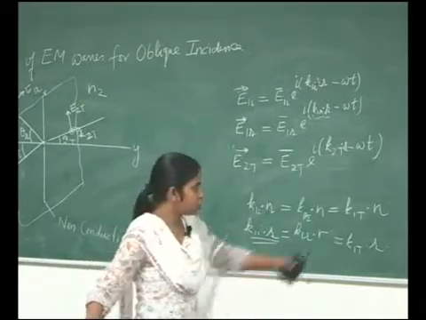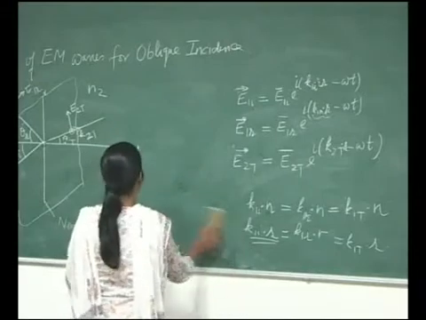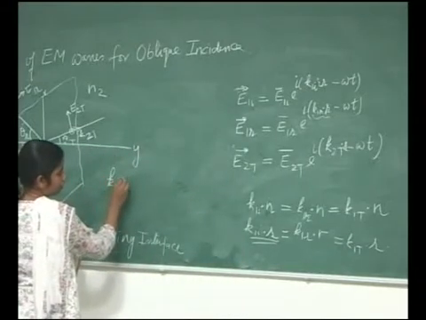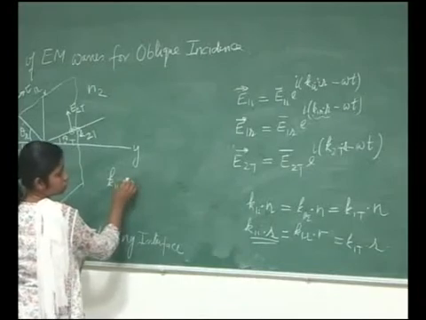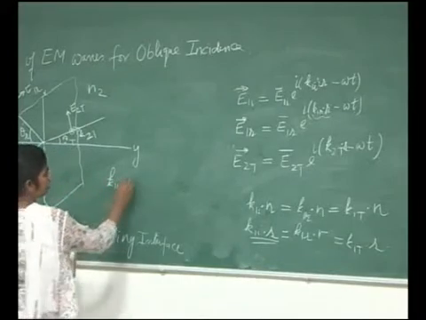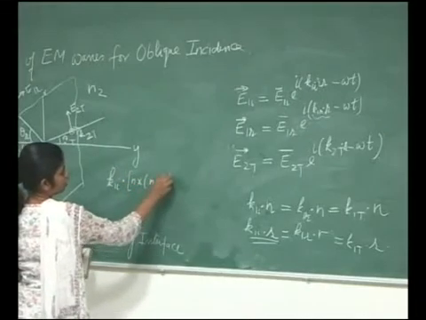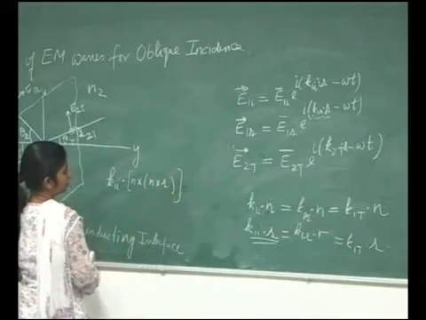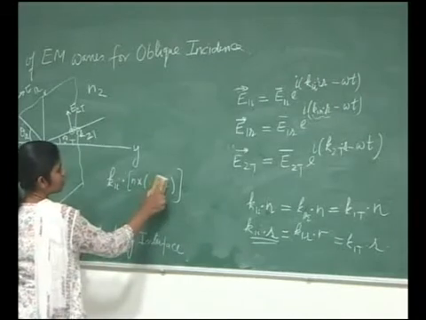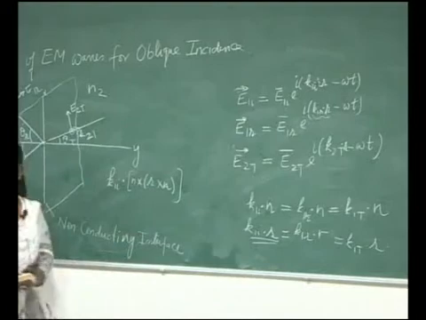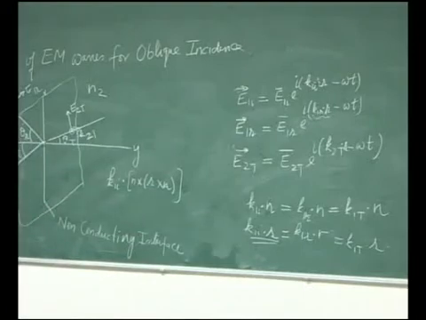So if I substitute the value of r from there, then what I get is k1i dot n cross r, or I can absorb the minus sign by writing r cross n. Is it okay?